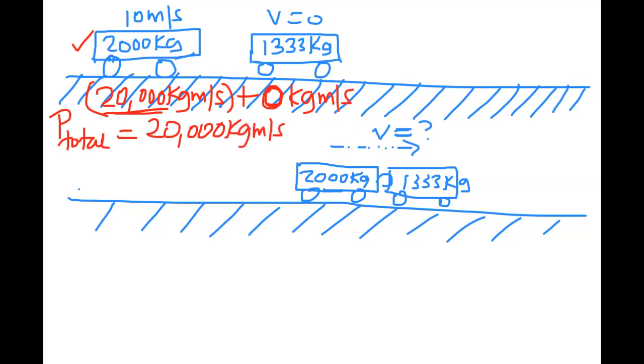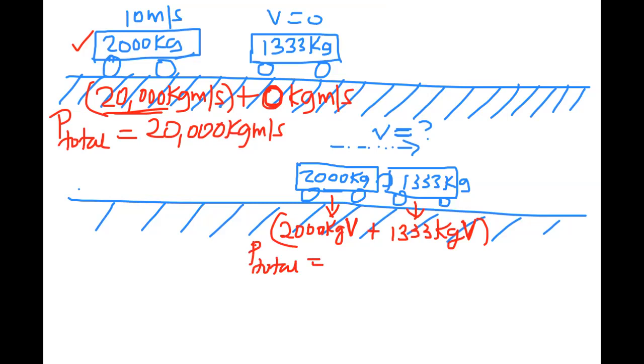Okay. And after collision, the momentum of this will just be 2,000 kilograms times V. Momentum of this one will be 1,333 kilograms times the same V, because they're moving at the same velocity. Same V here, same V here. Now, if you want to find the sum, P total after collision, let's add the two.